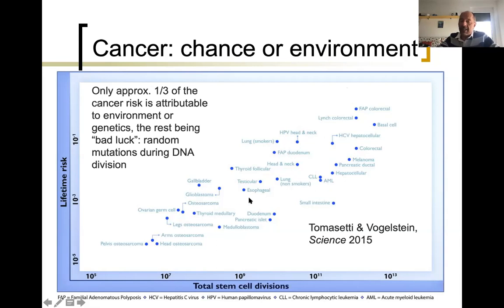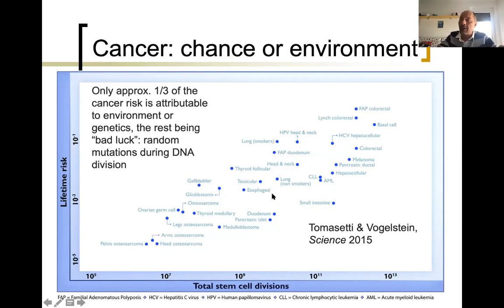So make no mistake, this is a very interesting plot, but this does not mean that having bad habits, like smoking, for example, is not a risk for cancer. It is a risk of cancer. So environmental exposures are important. But if you look at the overall contribution, of course, not specific, because that would also be a mistake.